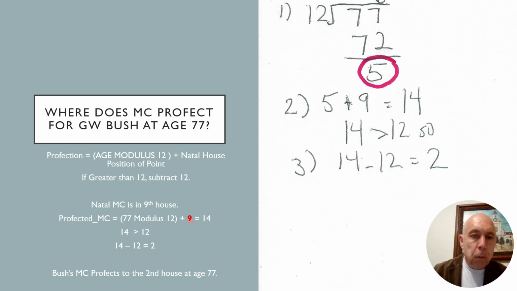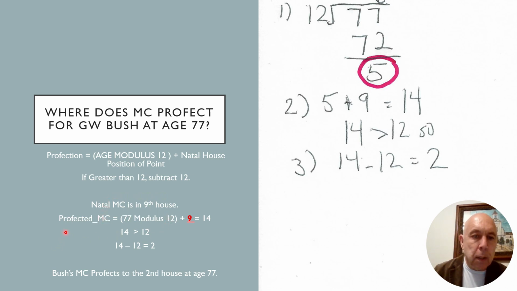Okay, so let's perfect the MC first. So where does the MC perfect to for George W. Bush at age 77? Okay. So we said the natal MC is in the 9th house.